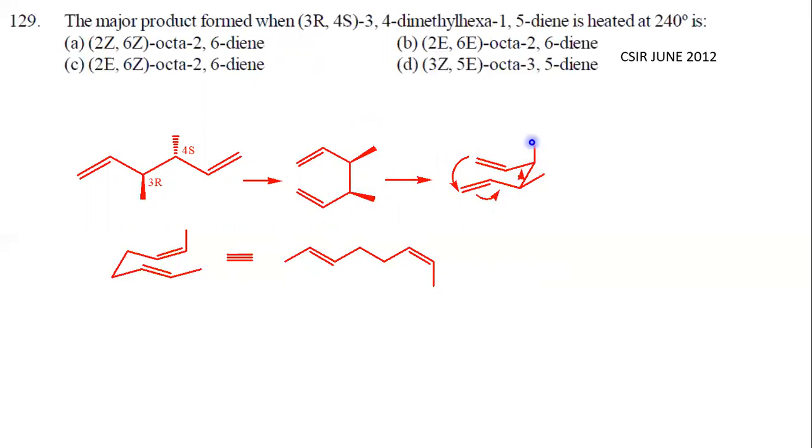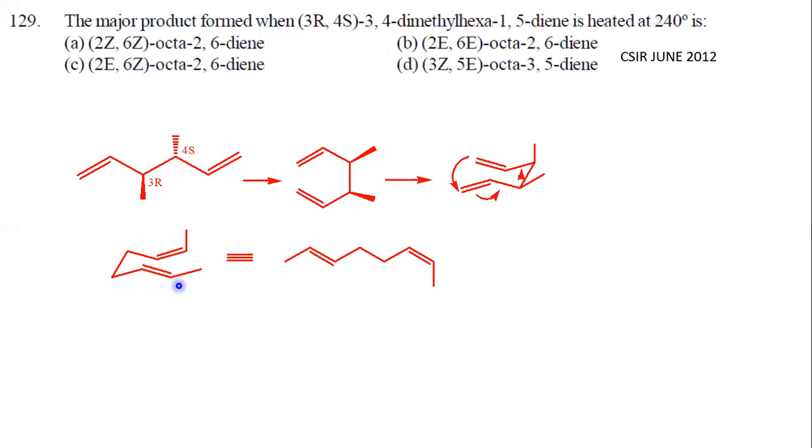This is axially up, this is equatorially up, and now this would become a good substrate for doing a 3,3 sigmatropic rearrangement reaction. Do the 3,3 sigmatropic rearrangement, make the bond between the carbons numbered 3 and 3, and break the bond between the carbons numbered 1 and 1, and followed by the pi electron rearrangement, we would end up getting this product. So this product is an octadiene system.